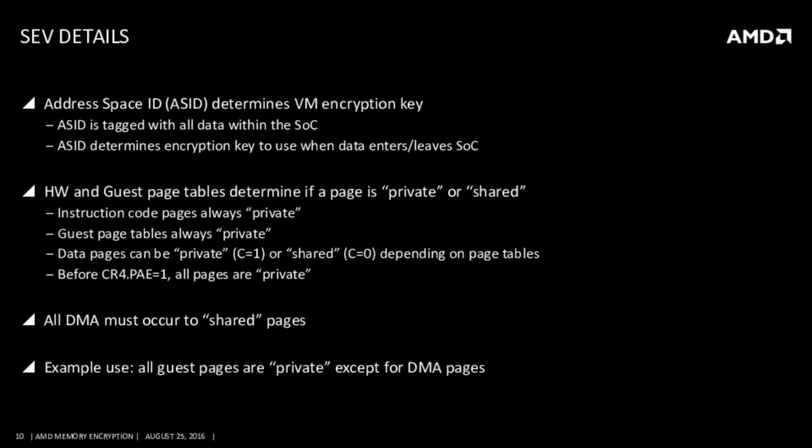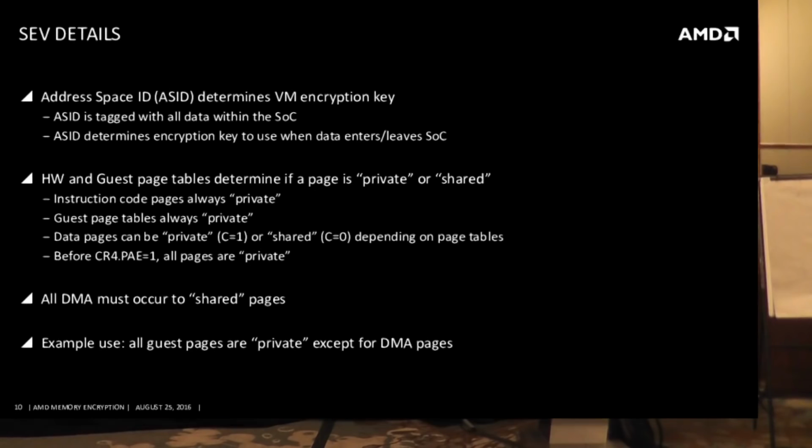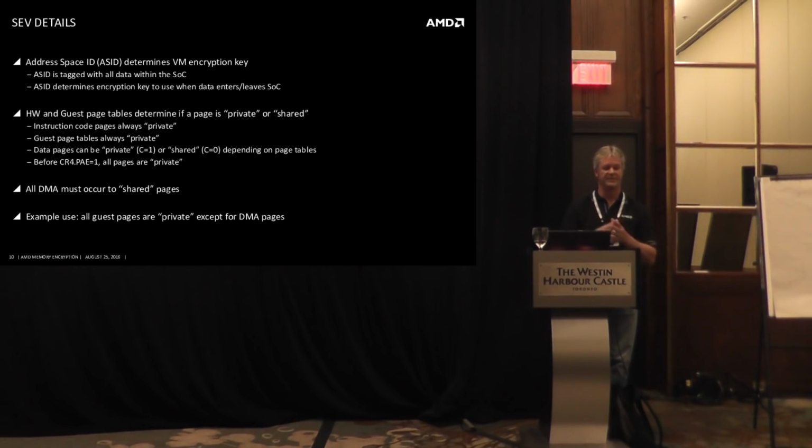So from an SEV point of view, how do we do this? In the VMCBs we have an address space ID associated with the guest. Currently, for the ASIDs, we just keep incrementing in KVM today. What we're going to have to do is have the ASID associated with all vCPUs of the guest.